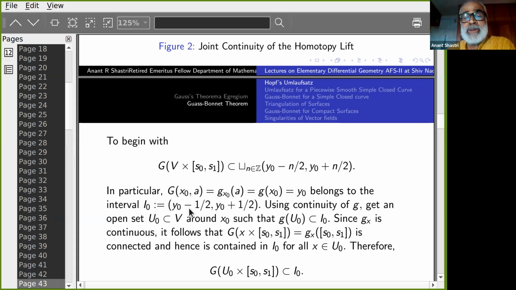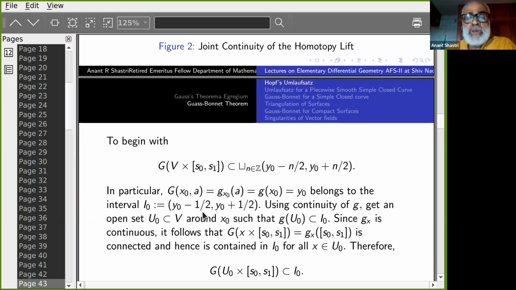Here I have not written it correctly. I have shifted it, Y0 plus n minus 1 by 2 and so on. So this is becoming an increasing union here. It's not a disjoint union, so the notation is slightly different.